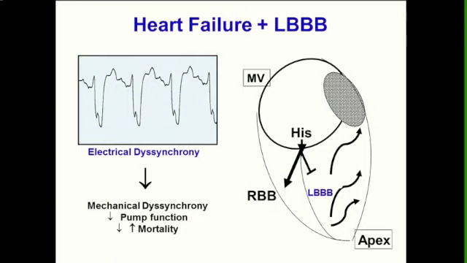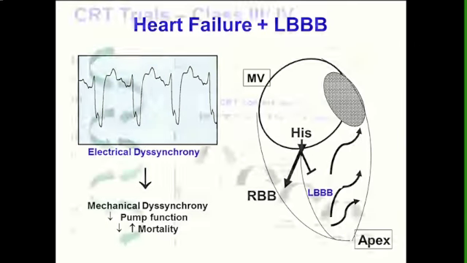This leads to mechanical dyssynchrony, intraventricular and interventricular dyssynchrony, which reduces pump function. However, all of our methods for identifying dyssynchrony as a selection criterion for CRT have not been conclusive. So this has really been abandoned for the time being, at least, as an identification of the right candidate. Electrical dyssynchrony is what we're working with, and this has become more and more important.